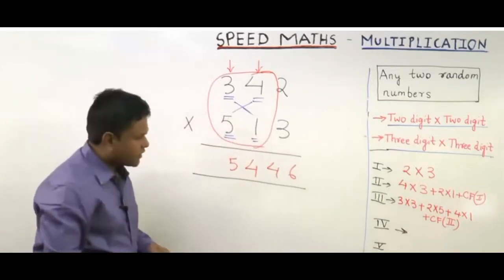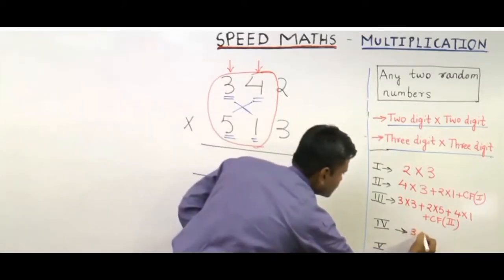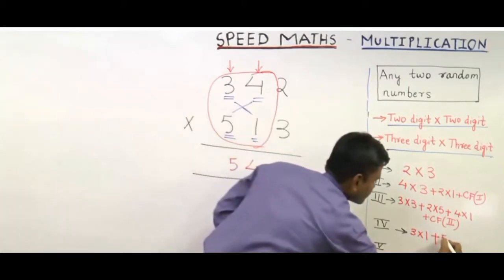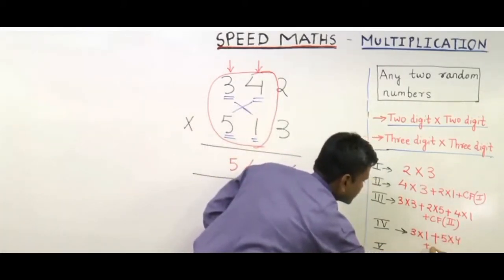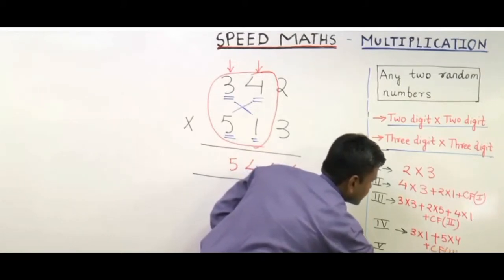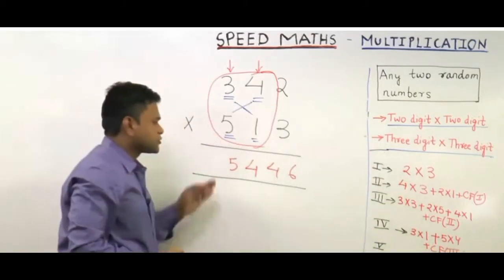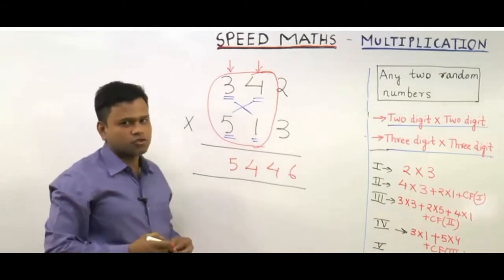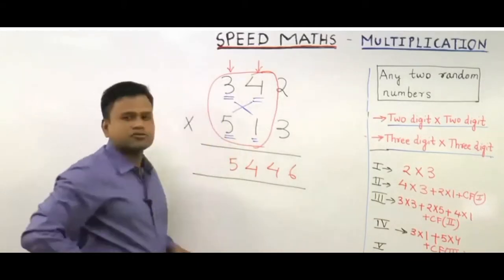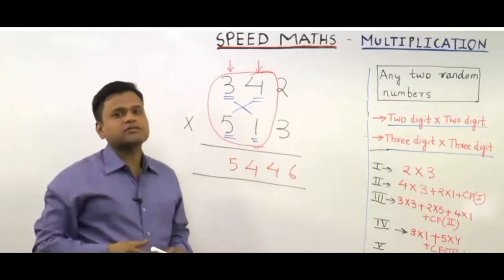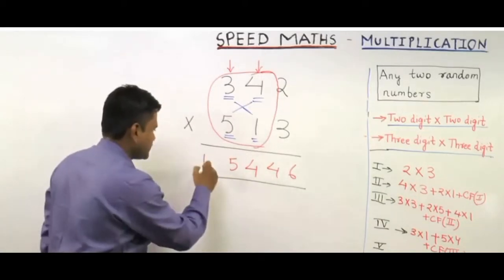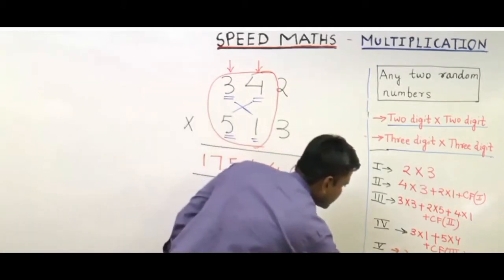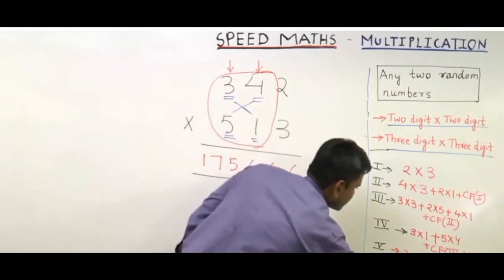This is what we have done for that fourth step: 3 into 1 plus 5 into 4 plus carry forward from the third step, right? So this is what we get as a value 5 with the last step with the carry forward being 2. Multiply 3 into 5, 15 plus 2, 17, and this is the answer we get. So here we have the fourth step, which is 3 into 5 plus carry forward.